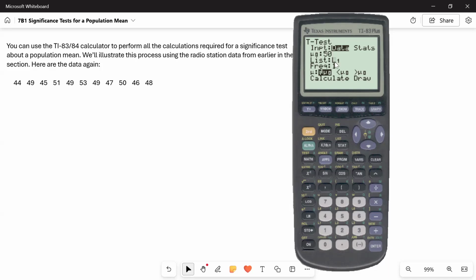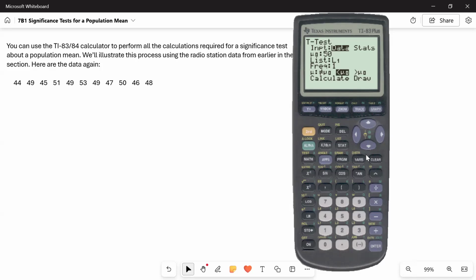We're getting the list from list one. If it was in list two or list three, you would hit second two or second three and so forth. But we want list one. Frequency, we're just going to leave it as one. And then we're going to pick mu less than the hypothesized mean, because we were looking for a one-sided test in the lower direction.